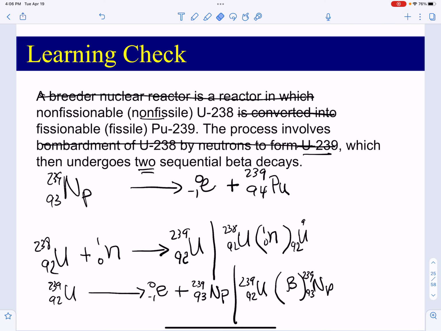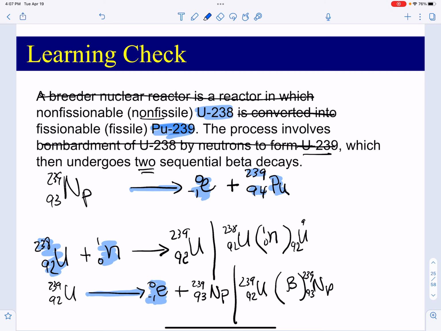So we began with uranium 238 and ended up with plutonium 239. And we did that by bombarding uranium 238 with a neutron. The product of that decayed by beta decay, and the product of that, two consecutive beta decays, gave us the plutonium 239.